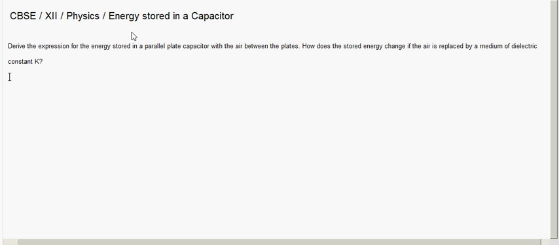Now I'll write here a solution. Let us consider a parallel plate capacitor which is charged by a battery of V volts.